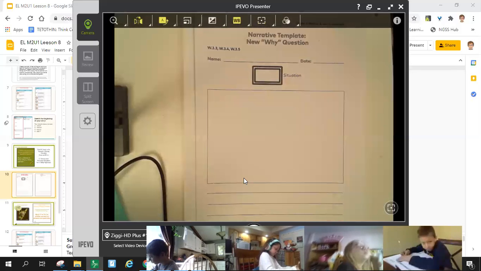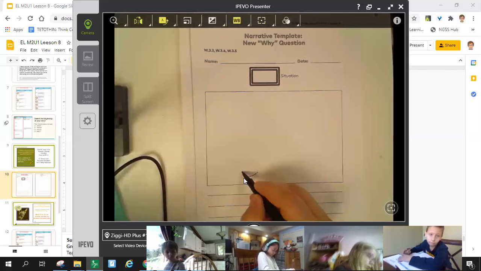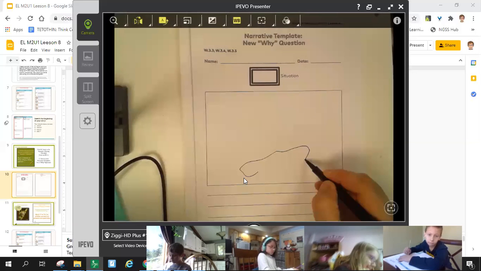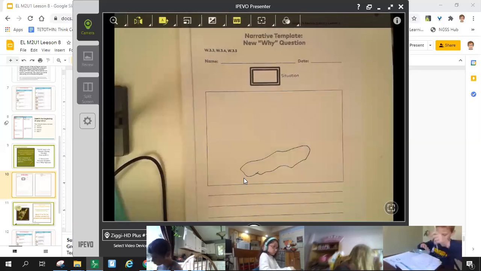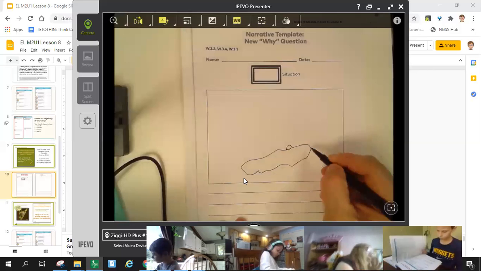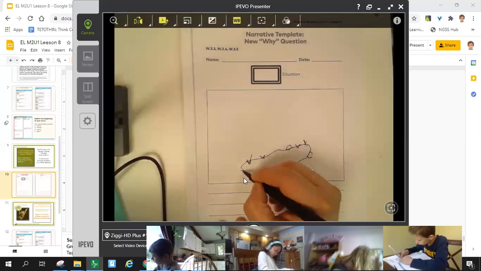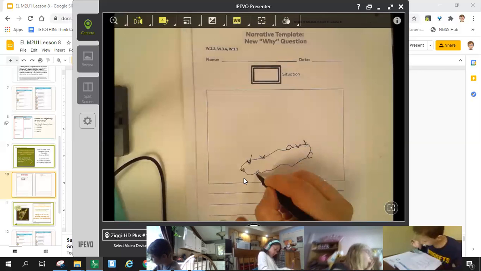So if I was drawing a picture according to us, I would draw my pond, and we're just sketching. This is not your final draft. This is you getting your thoughts down on paper. So Mrs. Harrison would draw her pond, and she'd draw some rocks, and she'd draw some grass, right? Some bad grass. Mrs. Harrison's not the best of the artists.